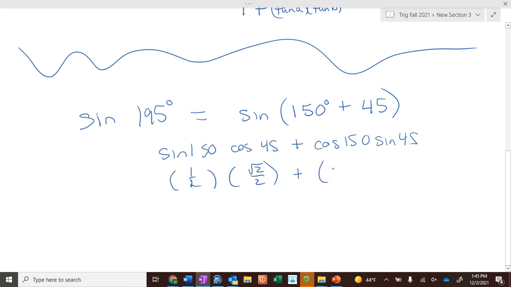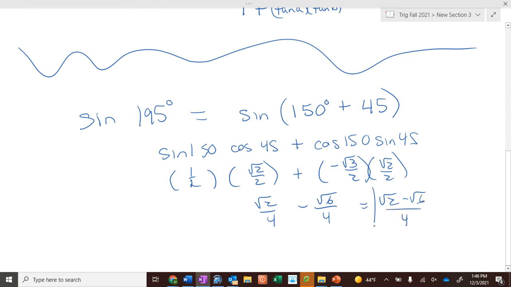Cosine of 150 is negative square root of 3 over 2. Sine of 45 is square root of 2 over 2. So it's square root of 2 over 4 plus a negative, so we'll just go minus square root of 6 over 4, which is square root of 2 minus square root of 6 all over 4.